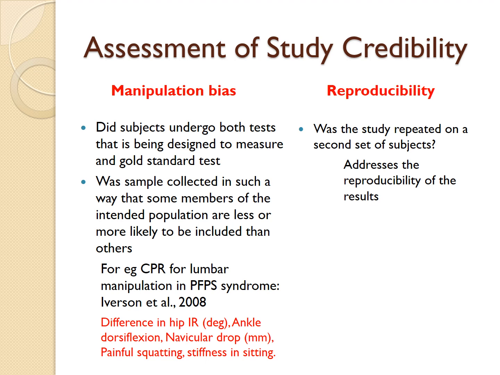What this study did, basically, they came up with different CPR findings, like what predicted a successful outcome of lumbar manipulation for patellofemoral pain, and they came out with a few findings like differences in hip internal rotation, ankle dorsiflexion, navicular drop, and painful squatting, stiffness in the morning. So these were the one, two, three, four, five predictors for lumbar manipulation in patellofemoral pain syndrome.